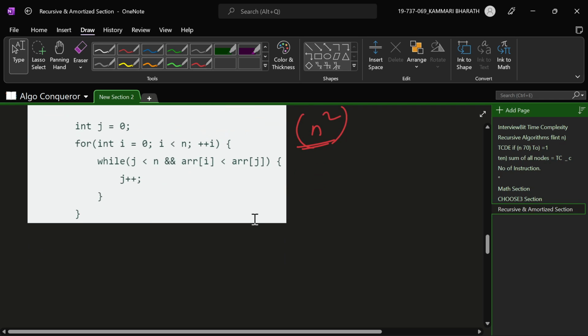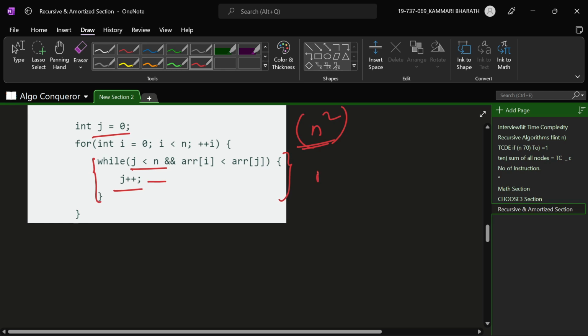Why? We will see. J is initialized to 0 initially, and then J is incremented in the inside loop until it becomes greater than or equal to n. Now, in the total process of execution, how many times would this instruction be executed in the worst case?